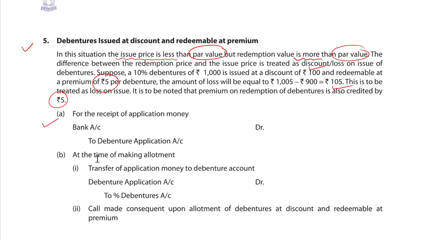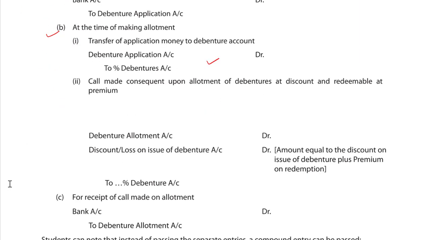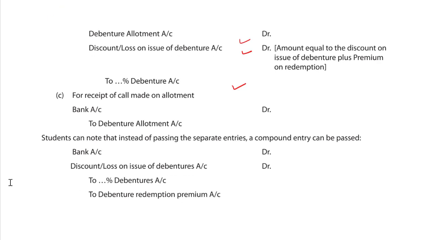For the receipt of application money, bank to debenture application. At the time of making allotment, transfer of application money to debenture allotment: debenture application account debited to debentures. For the call made subsequent upon allotment of debentures at discount and redeemable at premium: debenture allotment account debit, discount loss on issue of debenture account debit to debentures.